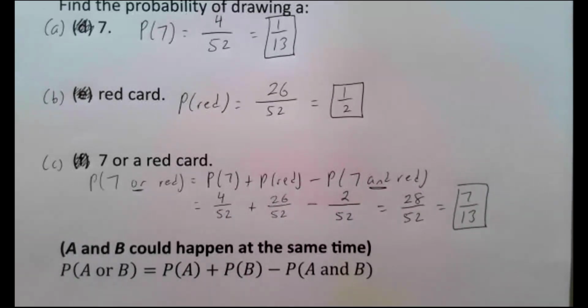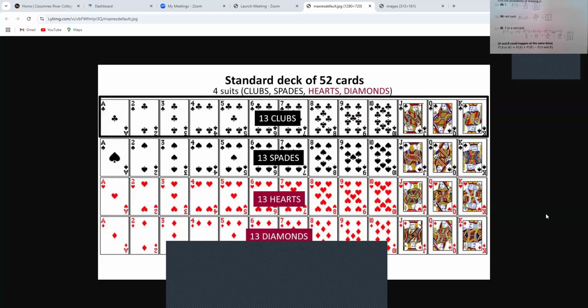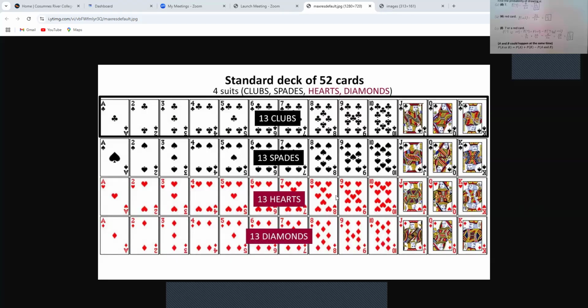Again, let's go through that visually right here one more time. So what's the probability it would be 7 or red? You could see these bottom 2 rows are 26 reds. It really should be these 26 reds plus these extra 2 black sevens. 26 plus 2 is 28. It should really be 28 over 52. But again, the reason we had to do the formula the way we did is because first I counted these 4 sevens, and then I counted these 26 reds.